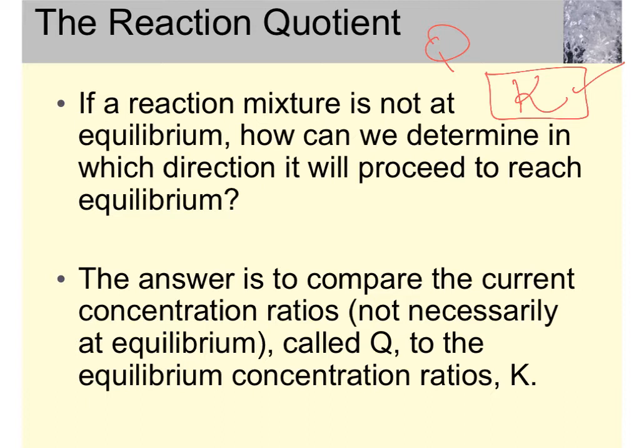What you can do is, as you run a reaction, plug in concentrations along the way of products over reactants, and you can see if that ratio equals the equilibrium constant or not. If that ratio does not equal K, then you're not at equilibrium. And we call that Q. That stands for reaction quotient.